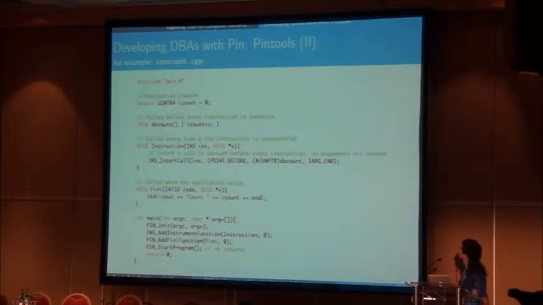We are saying that we want to insert a call in each instruction, before executing, to the function docount, which is just a counter. So each time an instruction is going to be executed, before it a counter is incremented. This is the instrumentation function, and you also need to add these things over here.